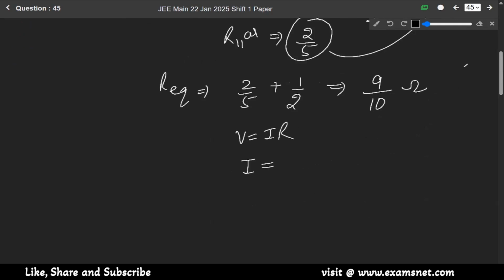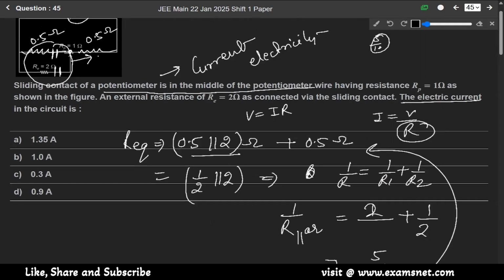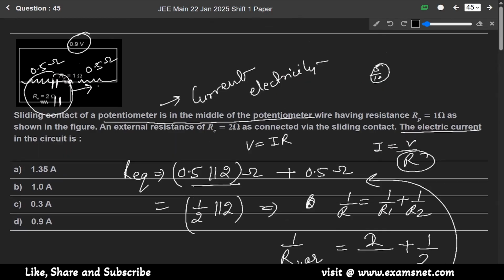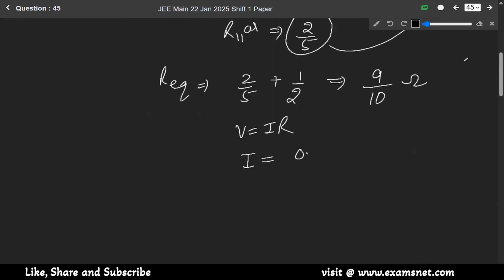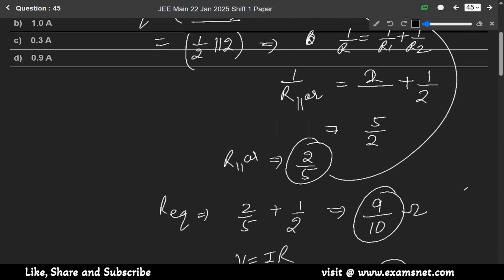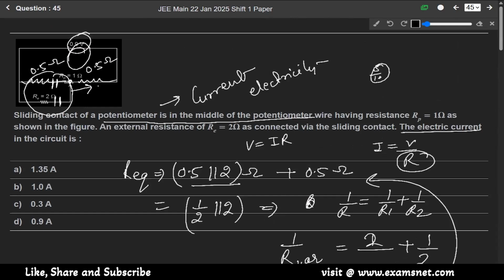So electric current will be V, V is given as 0.9 volt, so it will be 0.9 volt over R. R is 9 by 10, means again 0.9. So it will be equals to 1 ampere. So our answer is 1 ampere, means option B is the correct answer.